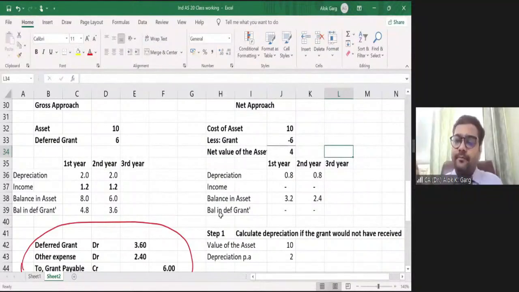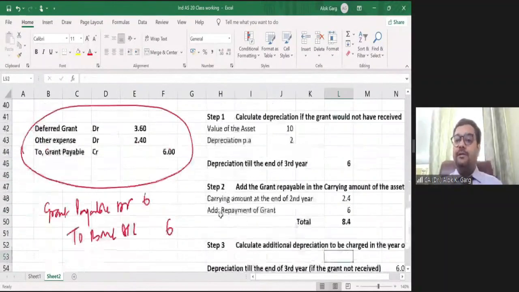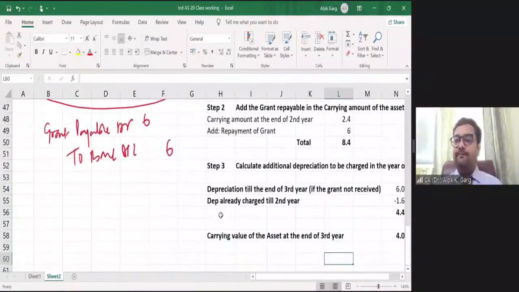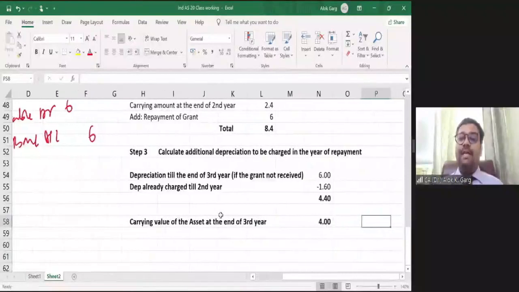Basically, first of all you need to calculate what could be the depreciation if the grant has not been received, then how much depreciation has been charged. What is the difference there has to be reduced from the carrying value. Okay, understood? So this will be the carrying value.